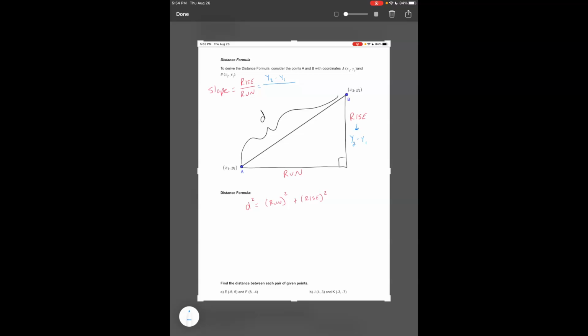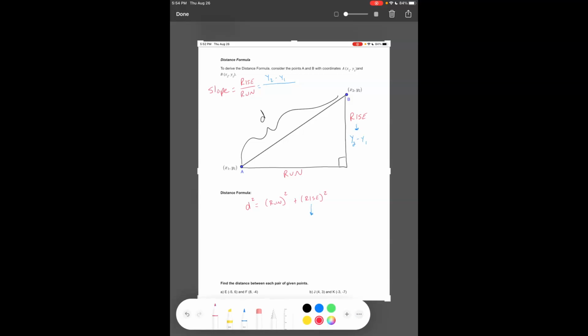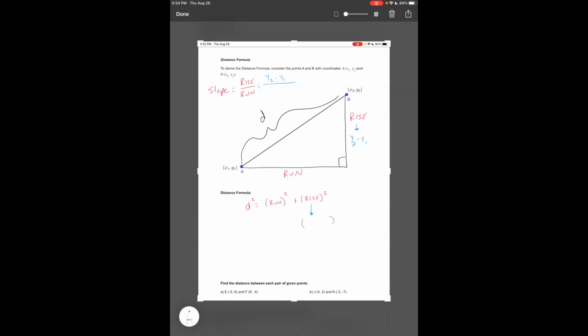So that means in this distance formula, I can replace the rise squared with (y2 minus y1) squared.